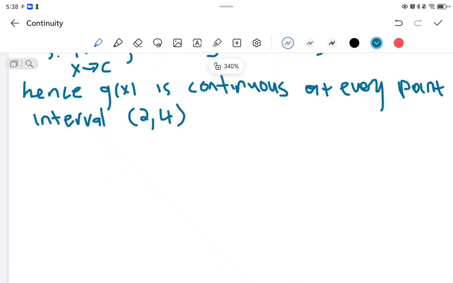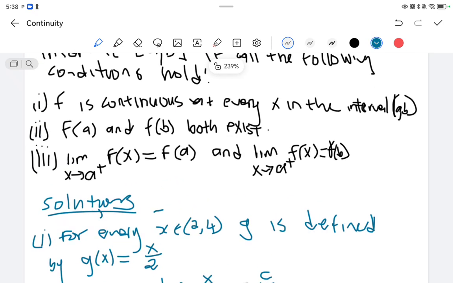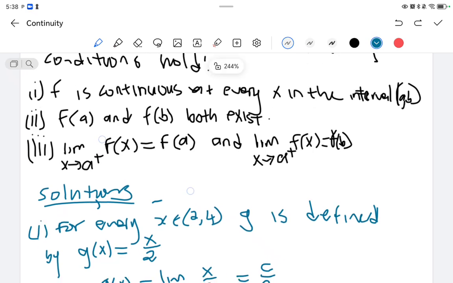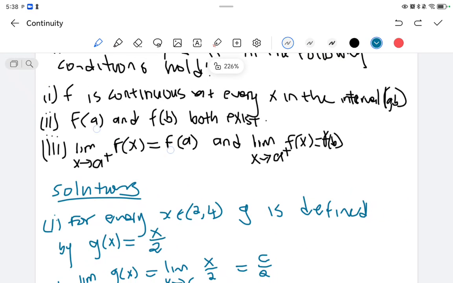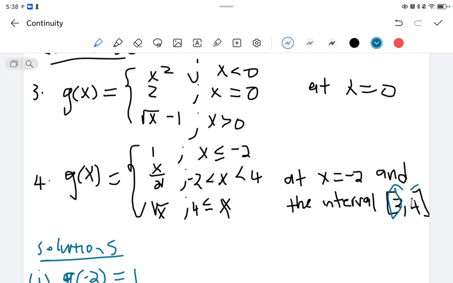And then we come to the second one. Now we have checked within the open interval. Now we must check f of a, f of b, if they both exist. So f of a in this case will be f of 2, and f of b will be f of 4.